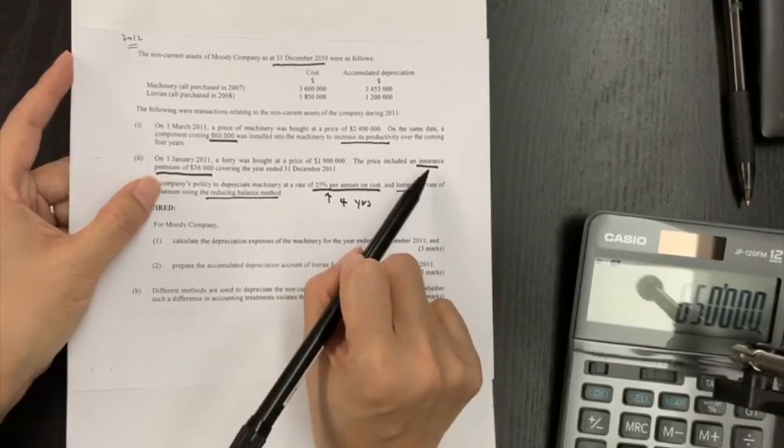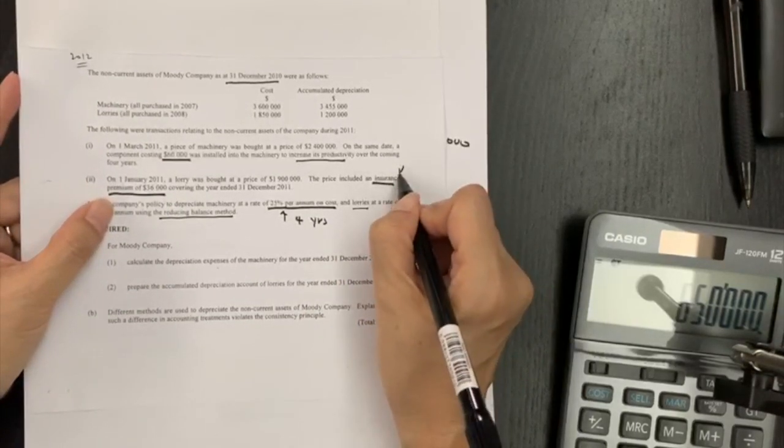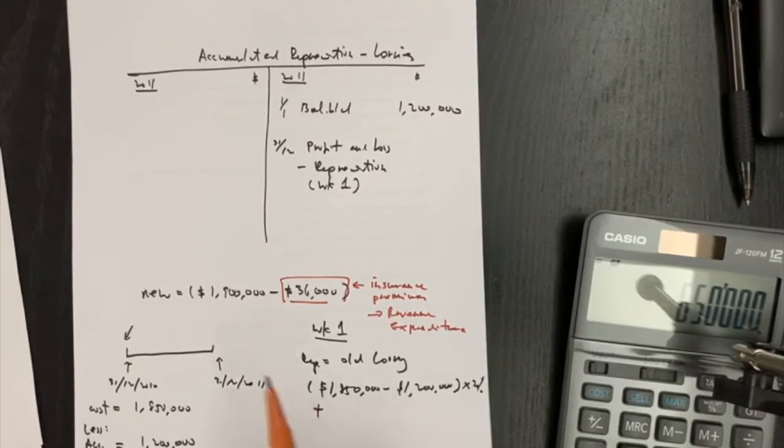So therefore, this insurance premium should be a kind of revenue expenditure. All right, so therefore the cost of the new lorry should minus this 36,000, because insurance premium should be a kind of revenue expenditure.